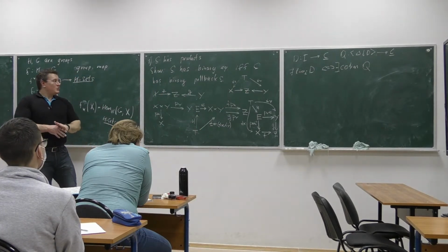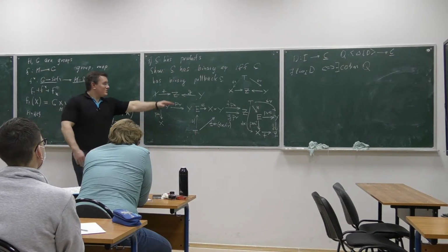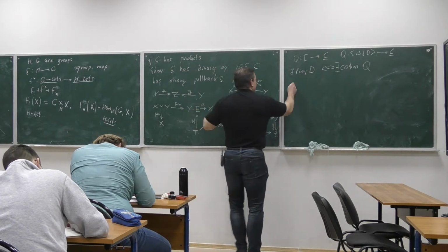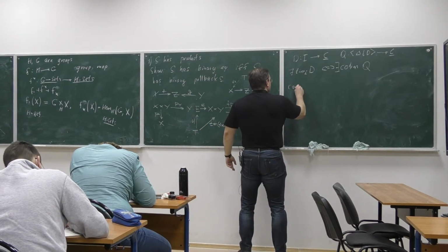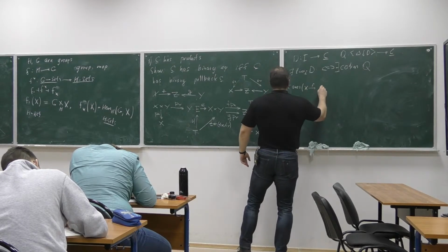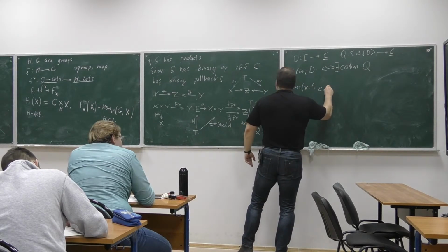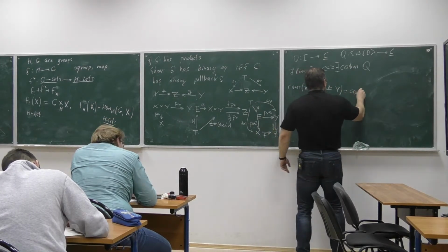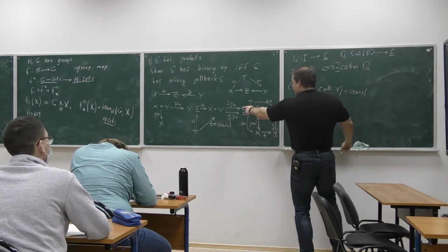I suggested a little bit different proof. Well, if you just start, take the category of cones over this given diagram. I claim that this is the same as cones over this thing.